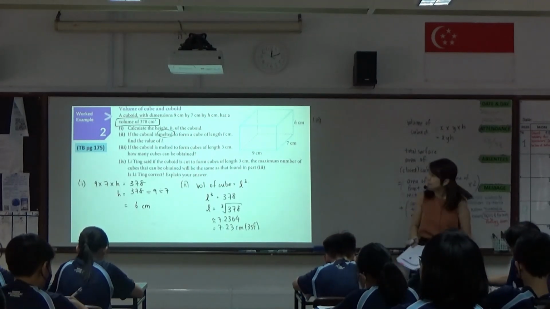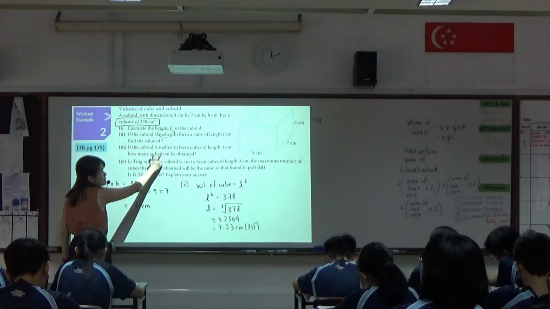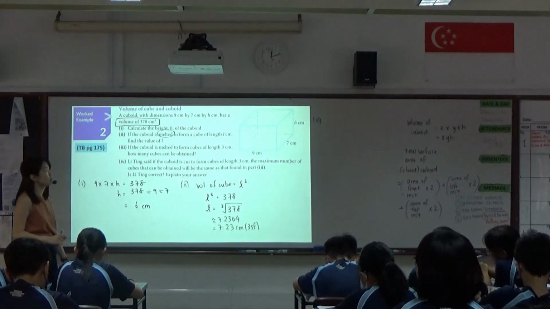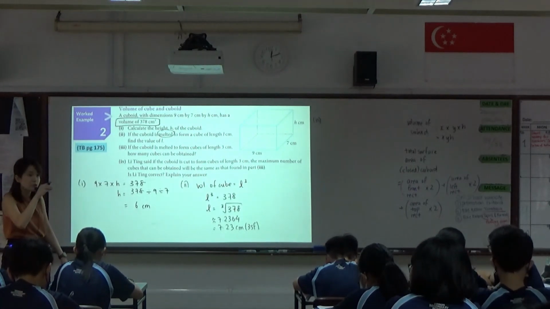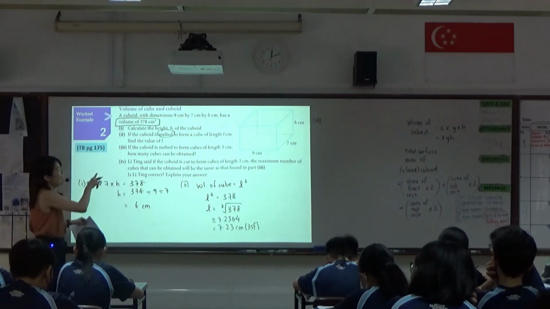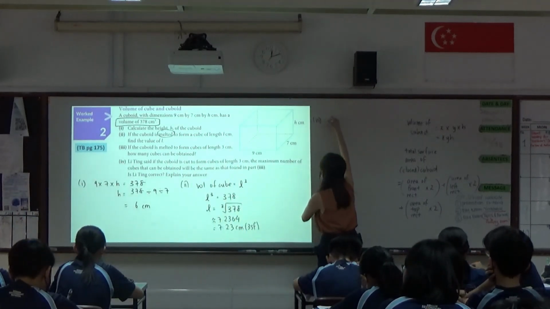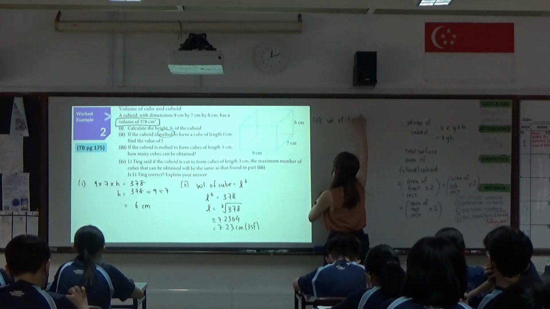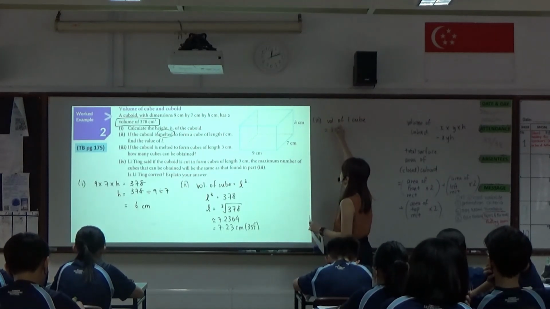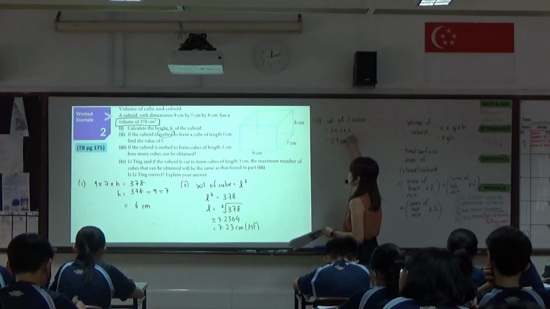Okay. Then in part 3, it says that the cuboid is again melted to form cubes of length 3 cm. So smaller cubes, and many of such smaller cubes. The question asks how many cubes are obtained. So what we can do is find the volume of one cube, which is 3 times 3 times 3. That's 27 cm cubed.